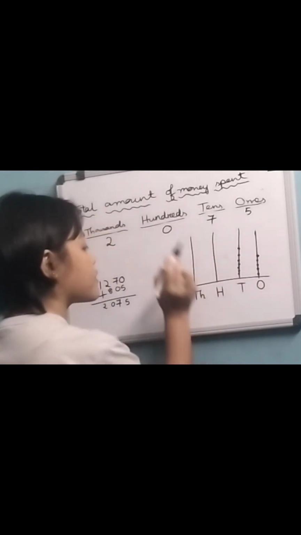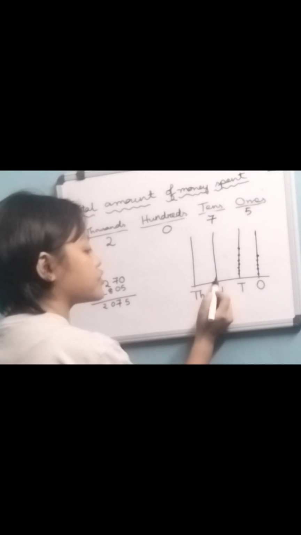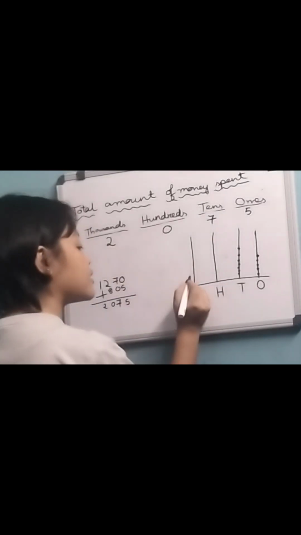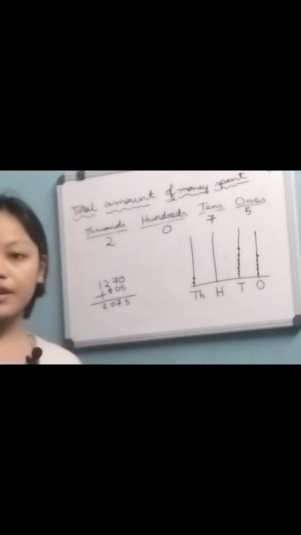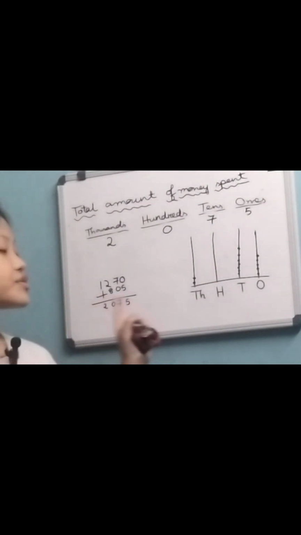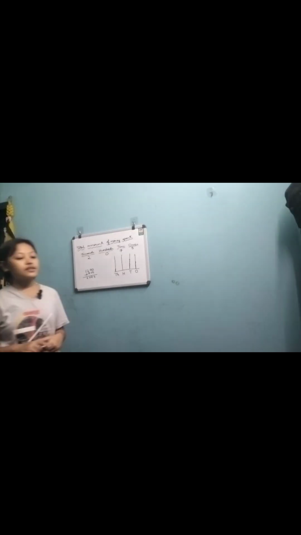In place of hundreds, you have 0, so you don't have to draw anything here. And in place of thousands, you have 2. So this is how you should write 2075 in the table, and this is how you should draw it in abacus. Now let's move on to the next.